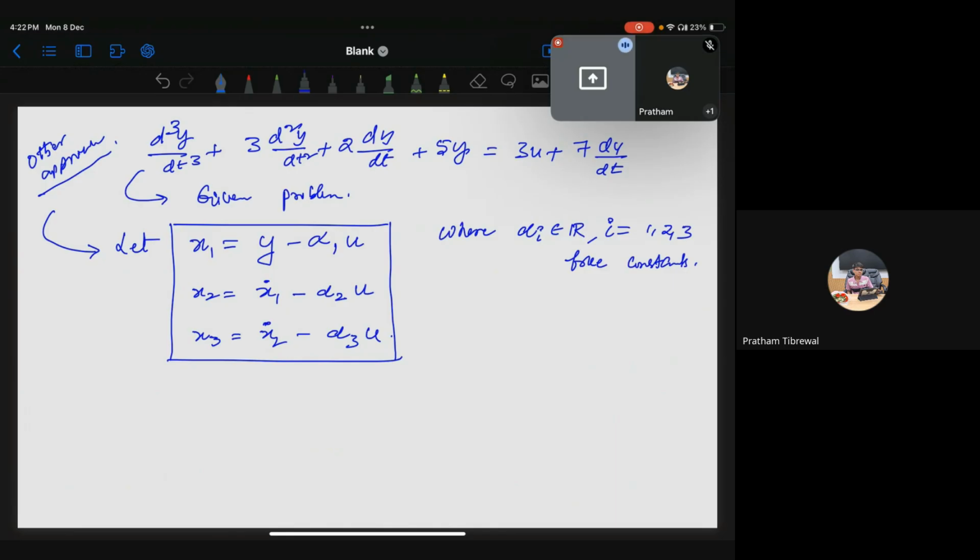So then what we do is, you will take x1 dot. What is x1 dot? y dot minus alpha 1 u dot. Am I correct? So what is y dot?